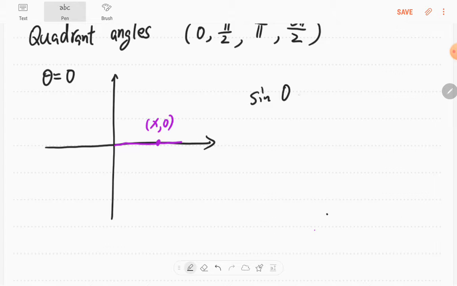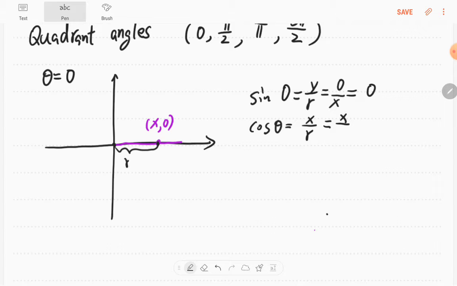Sine 0 is y over r. Y is 0, and r is the distance between the point and the origin, which is x. So sine 0 is 0. Cosine 0 is x over r. Since r equals x, this is equal to 1.